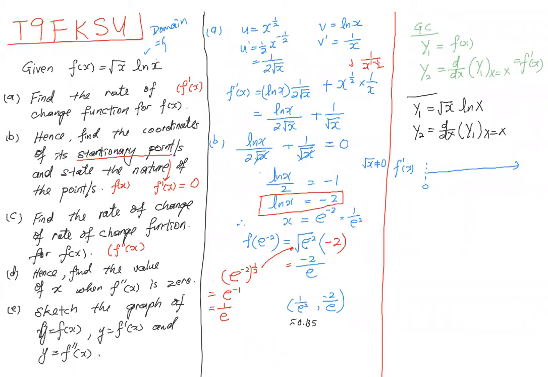So x must be greater than 0, cannot be equal. Cannot be equal is not because of the square root, it's because of the ln. Now you put down the point 0, and we will put 1 over e squared, which is 0.135. So now you want to test for the sign of f prime, correct?